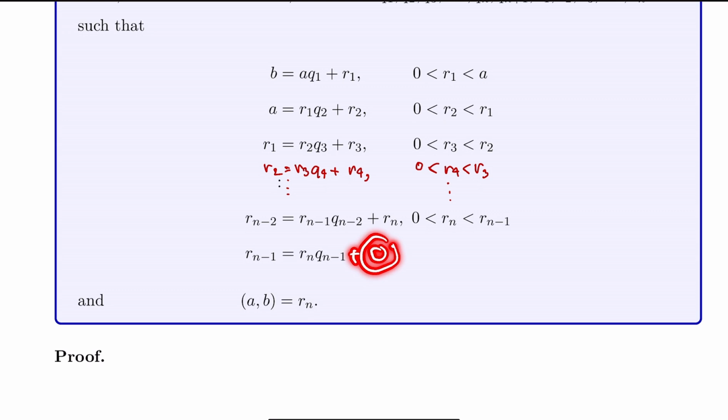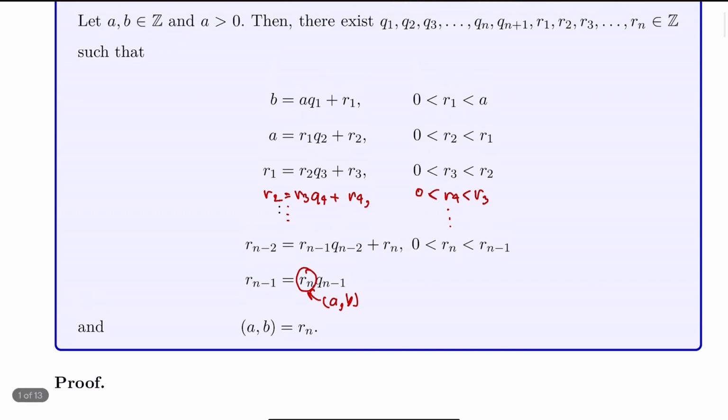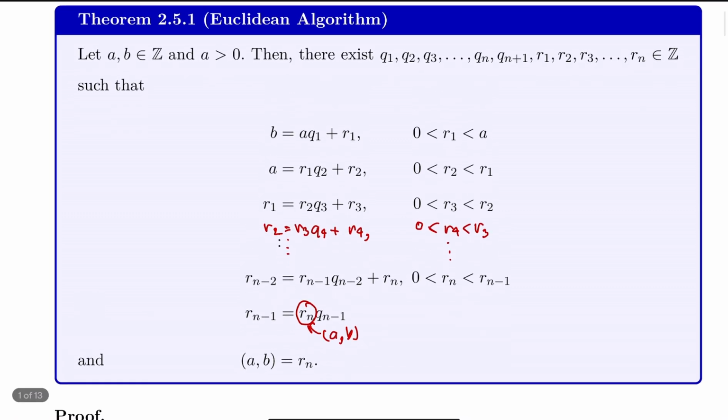Okay, so once the remainder is 0, we are going to have the greatest common divisor of A and B. So the greatest common divisor of A and B, according to the Euclidean algorithm, is going to be rn.